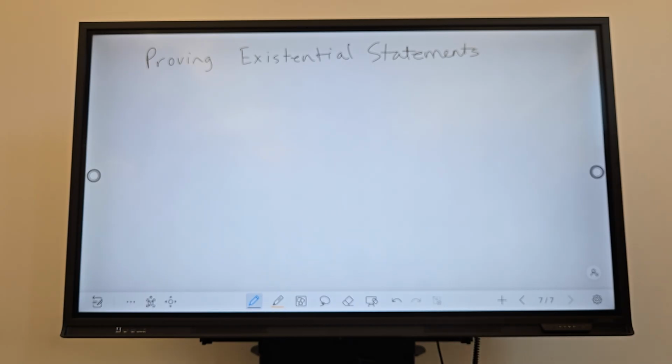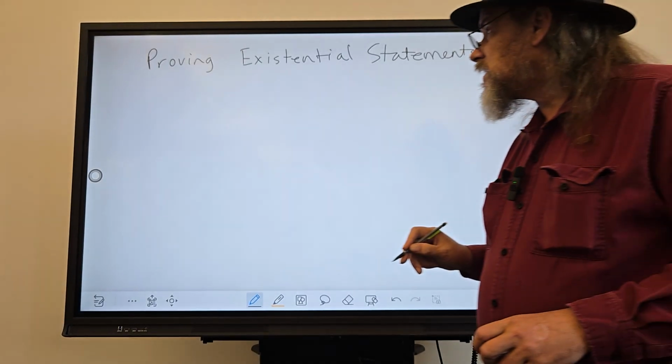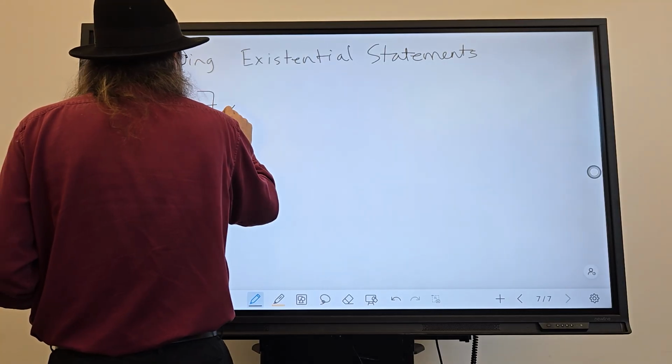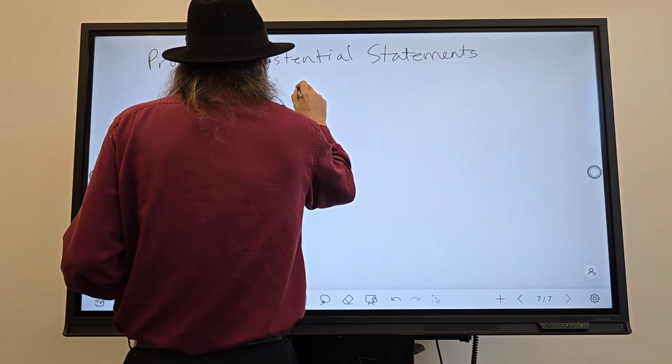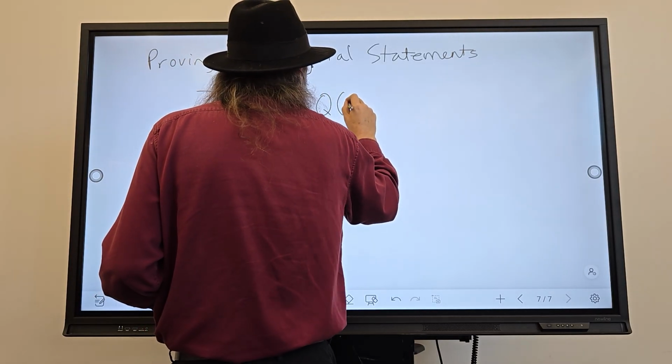Another way is to give a set of directions for finding such an x. Both of these methods are called constructive proofs of existence.